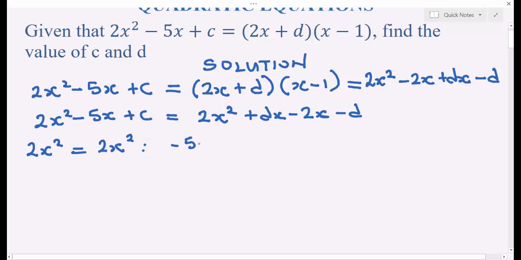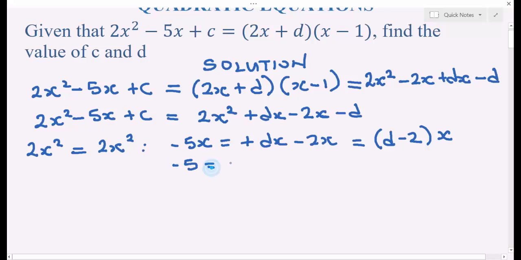Minus 5x is equal to plus dx minus 2x. We rewrite that. This will give us (d minus 2) into x. So what this means is that minus 5 is equal to d minus 2.